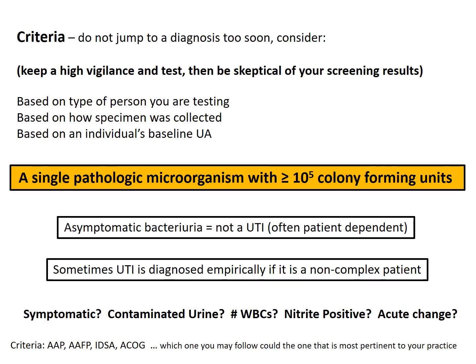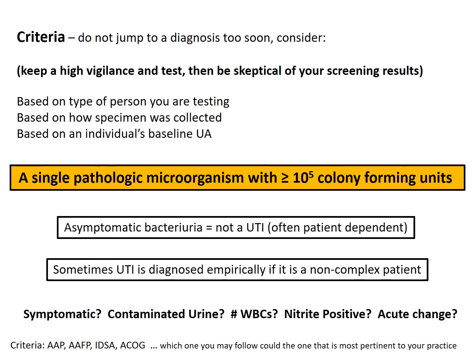Some people can have bacteria in their urine and be completely asymptomatic. That may not be a UTI. So again, think of it. Do you have symptoms? Was the urine contaminated? Do you have white blood cells? If so, how many? Is the urine nitrite positive? And is this potentially an acute change from their baseline?